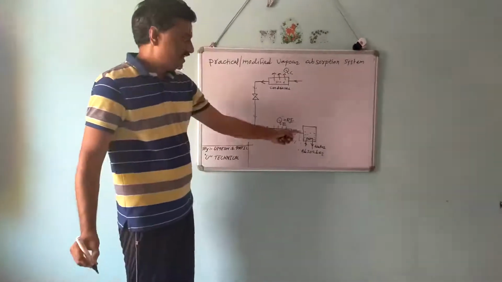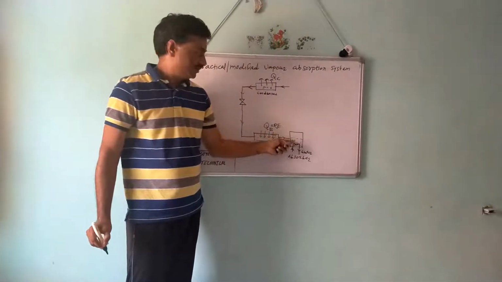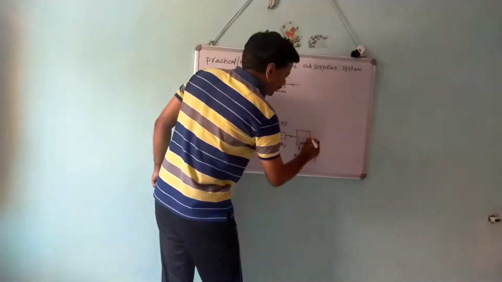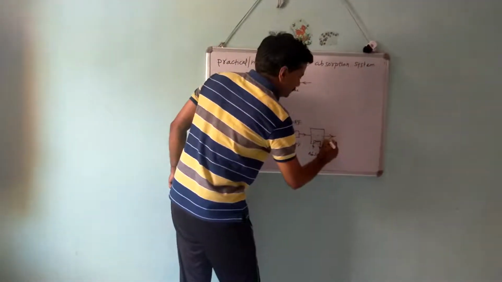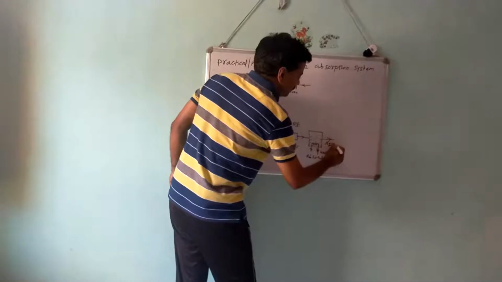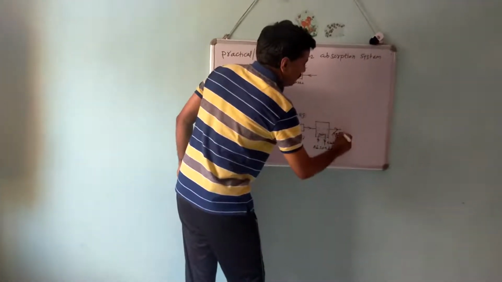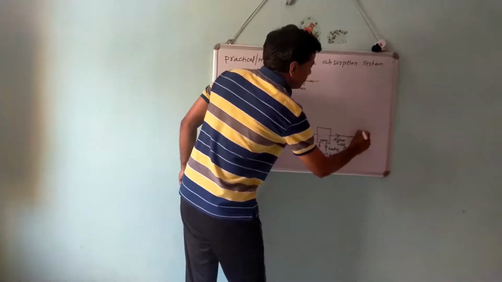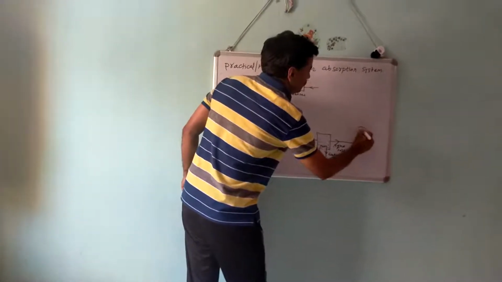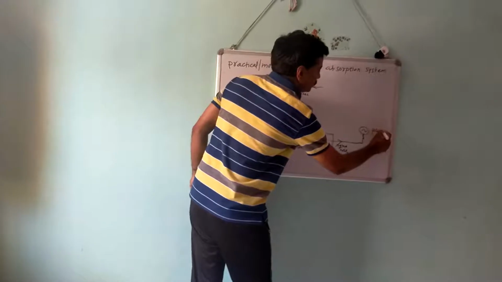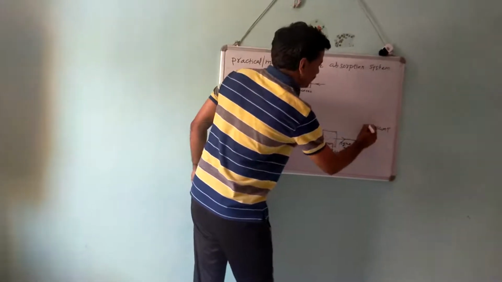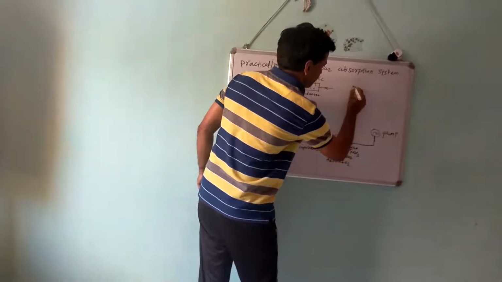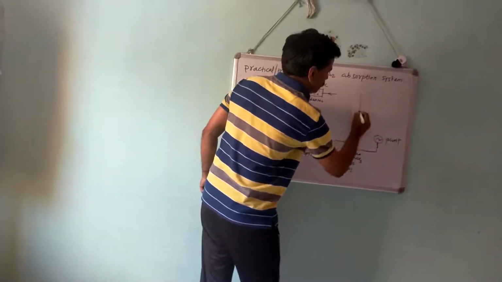And then in the absorber, when ammonia dissolves in water, the solution is called aqua ammonia, a strong aqua ammonia solution. This aqua ammonia is pumped into the generator through a pump. So this is the generator.